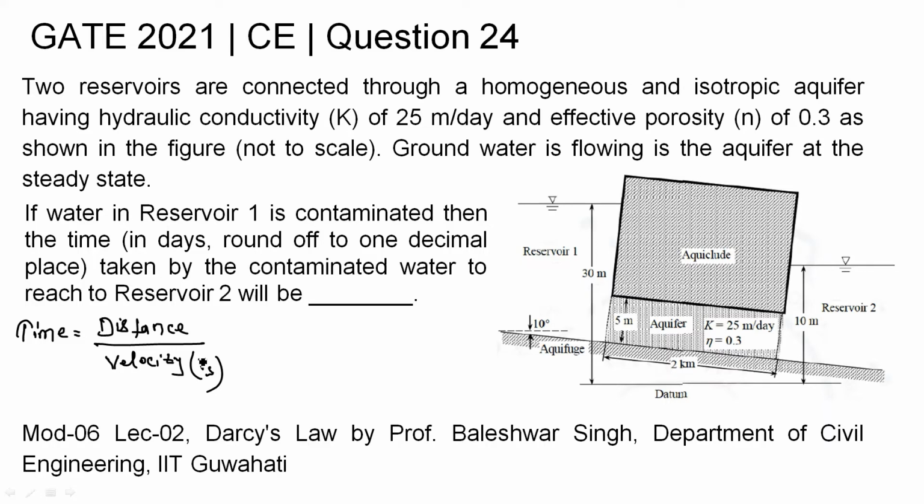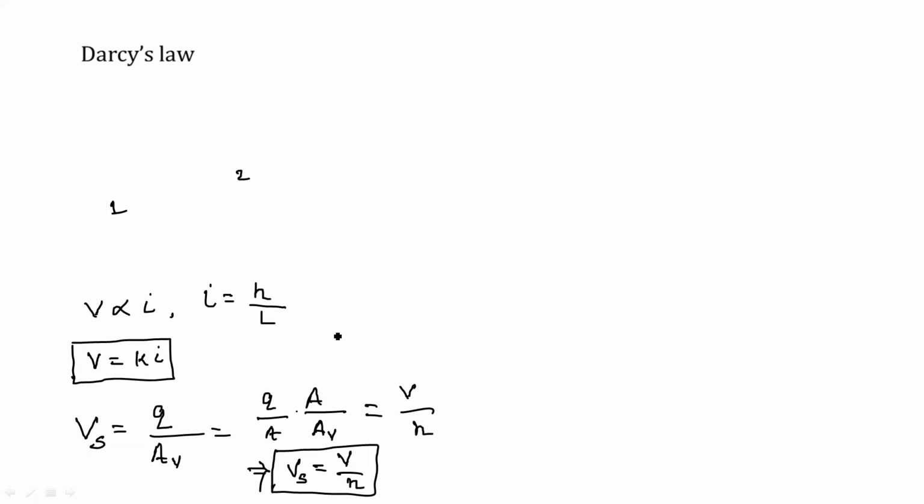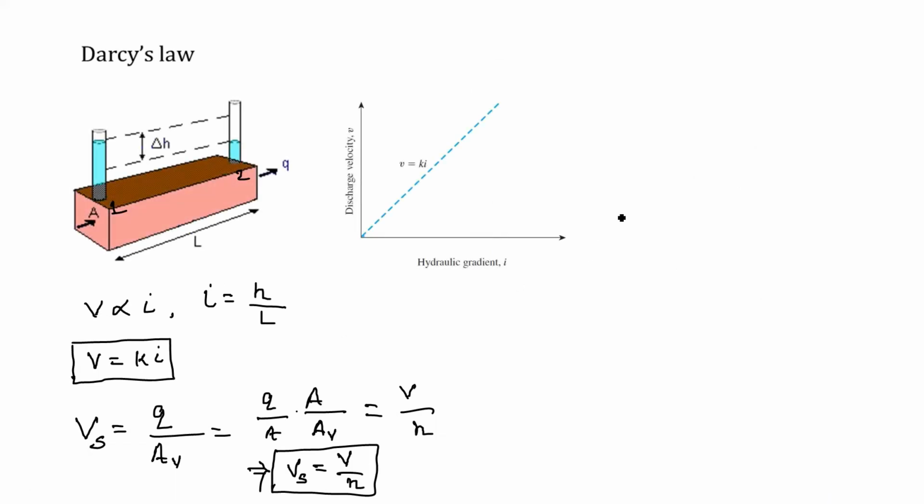Now we need to find the value of Vs. Vs is equal to V by n, and V is equal to K into i, which can be written as K into H by L. For solving any problem, always be cautious with the units.